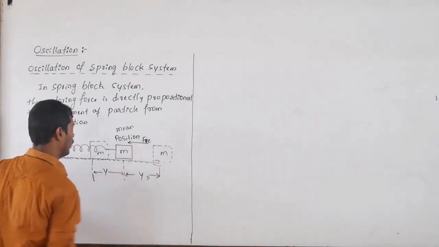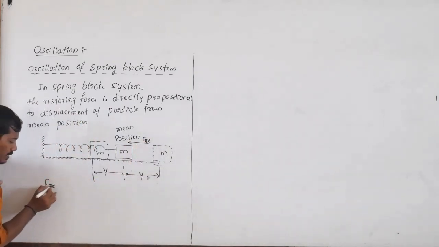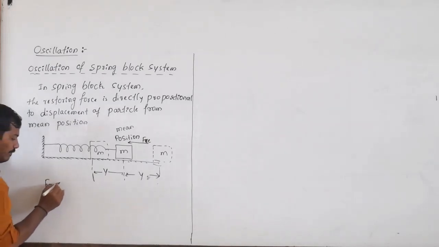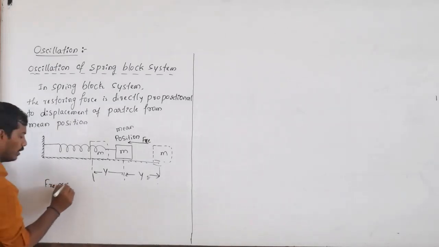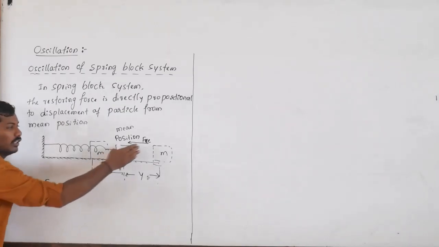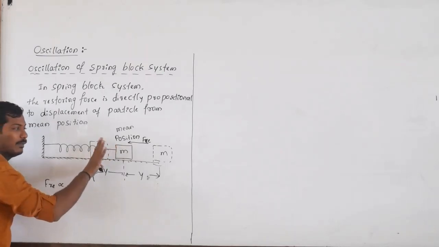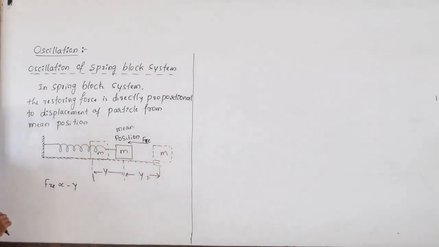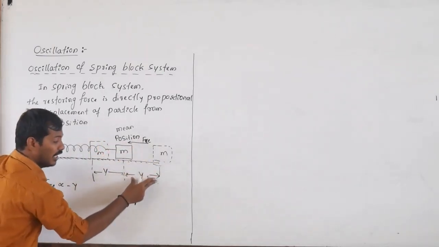This F restoring is directly proportional to the displacement of the particle with a minus sign. That minus sign indicates that the restoring force is opposite to the displacement of the body. The restoring force is towards the mean position and the displacement is away from the mean position.